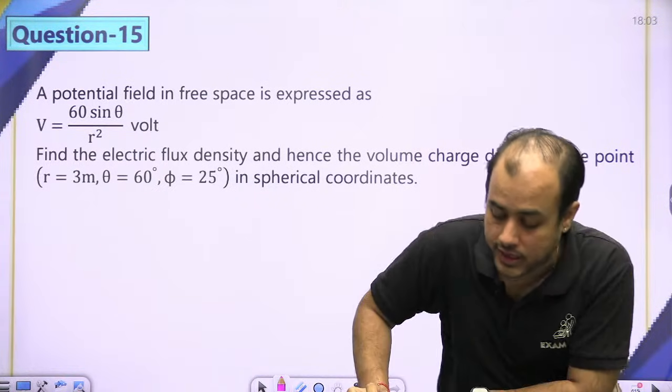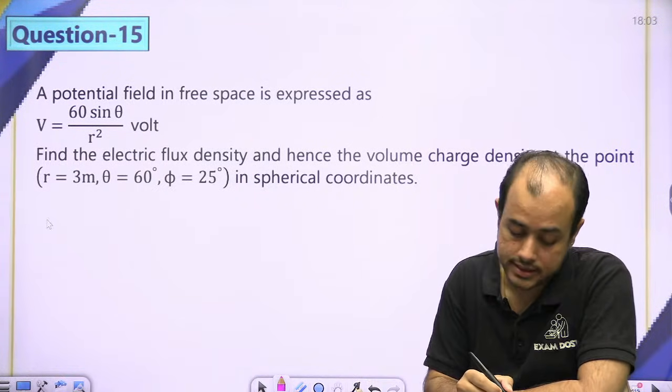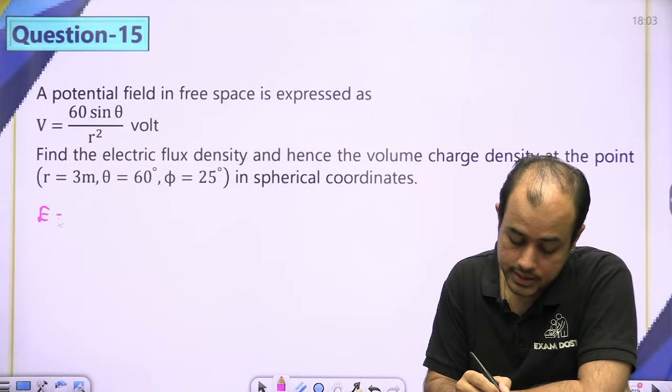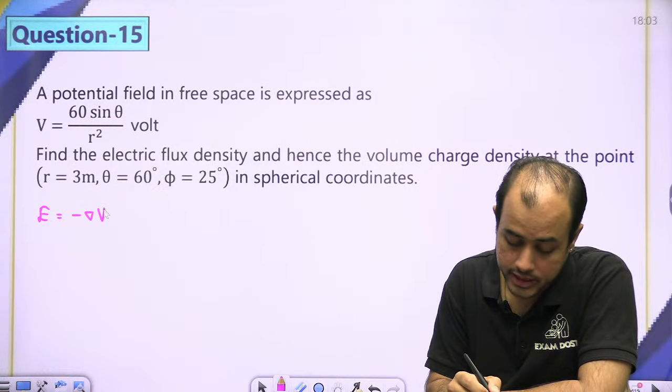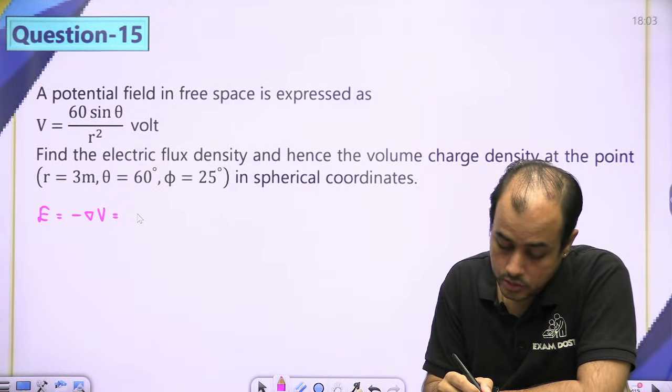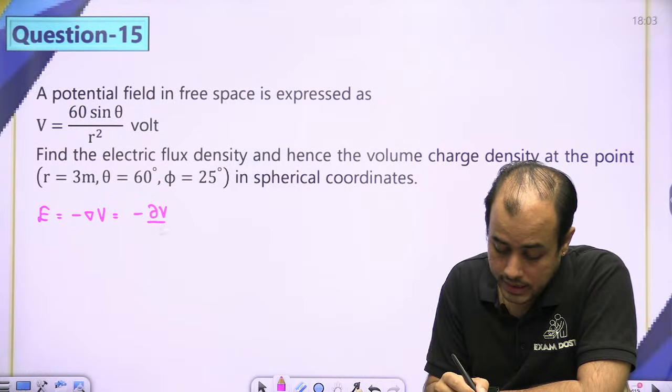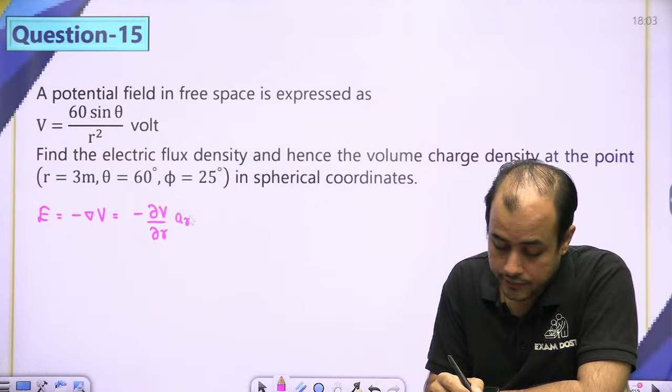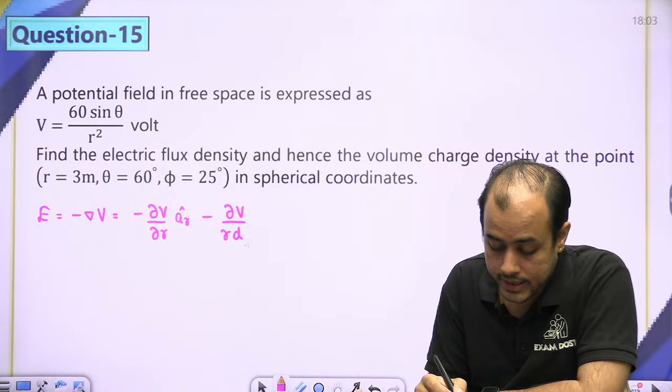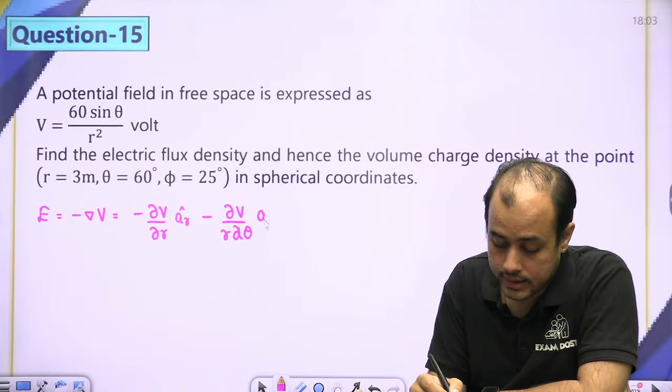Potential field in a free space is given. Find the electric flux density and the volume charge density. So first, electric field is negative of the gradient. So minus del V by del R. It is just a function of R and theta. So I will only take two terms like this.